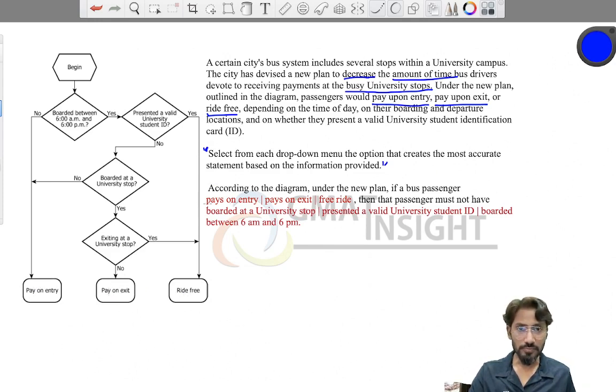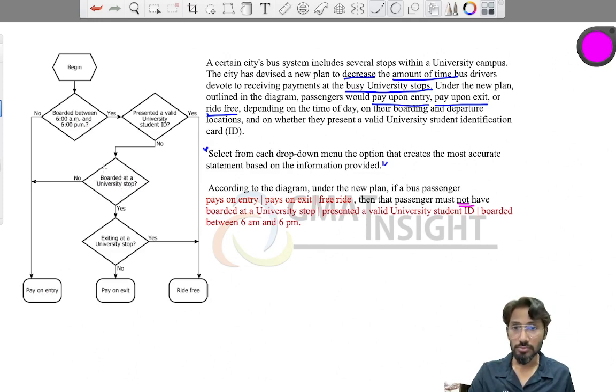Now let's read the statements. If the bus passenger pays on entry, let's start with the first option. If the person is paying on entry, then the passenger must not have boarded at the university stop. That's a possibility.